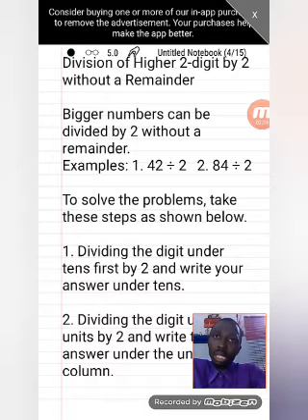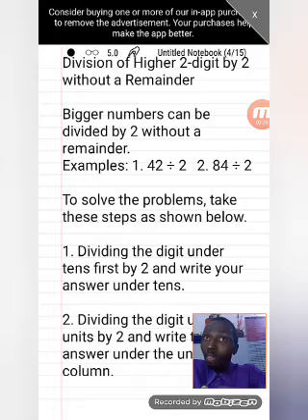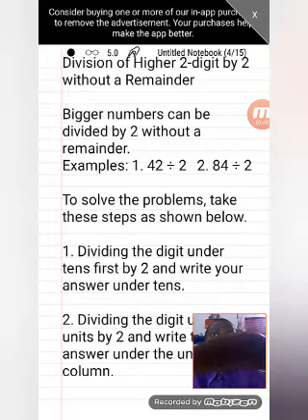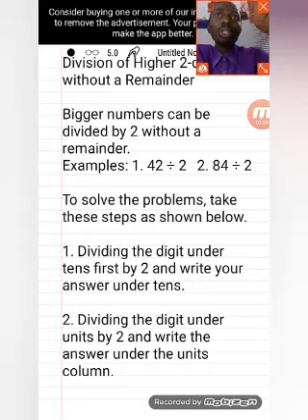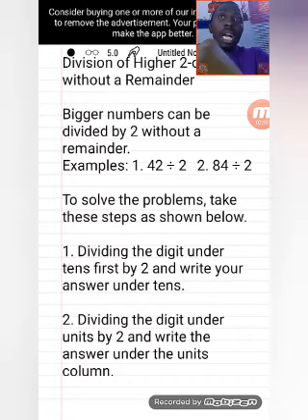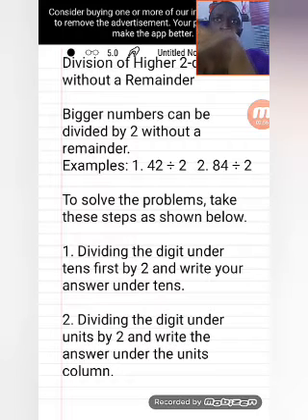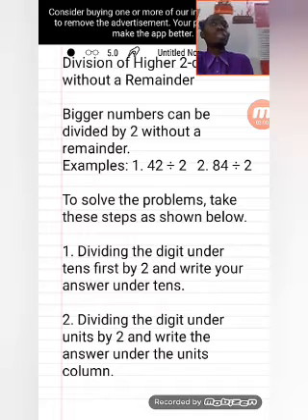Now let's note this. To solve the problems, take these steps as shown below. What are the steps you need to take when dividing a higher two-digit number by 2? One, divide the digit under the tens first. You know where the tens place value of any number is.